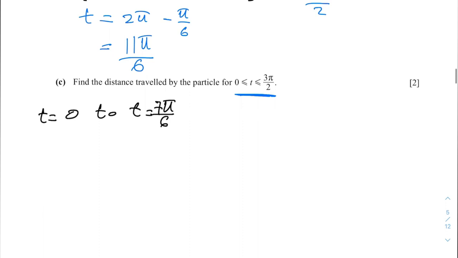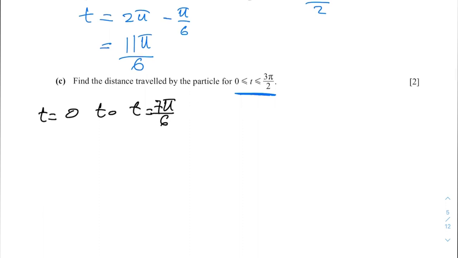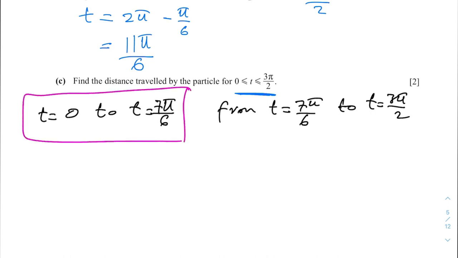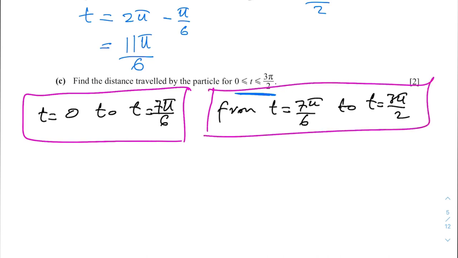And then after you have found the answer, you do from t equals 7 pi on 6 to t equals 3 pi on 2. So that is the plan that you need to know. When they tell you to find this distance, when there has been an instantaneous rest, you break it into 2 or more pieces, okay? You don't integrate from 0 to 3 pi on 2, you'll be wrong.